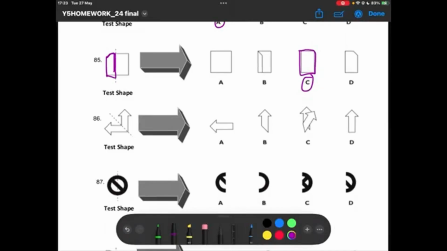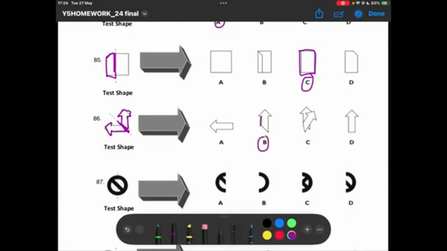Next question. For this one, you're folding it across here. The arrow is going to be diagonal, and imagine you folded this arrow upwards. It's going to fully cover this one. So you're just going to see one arrow with a diagonal bottom bit.